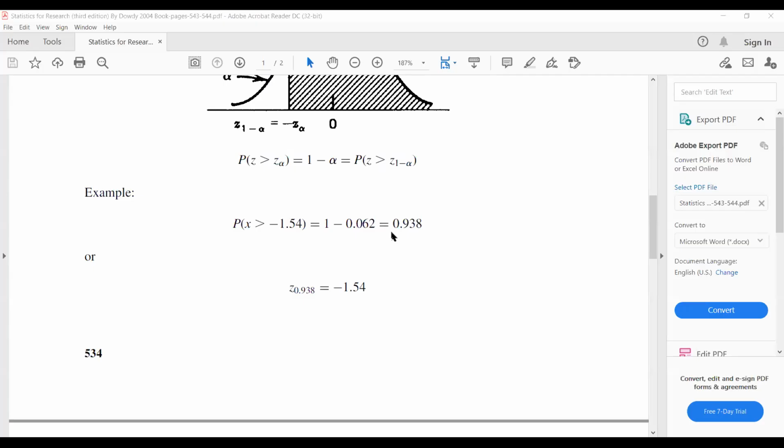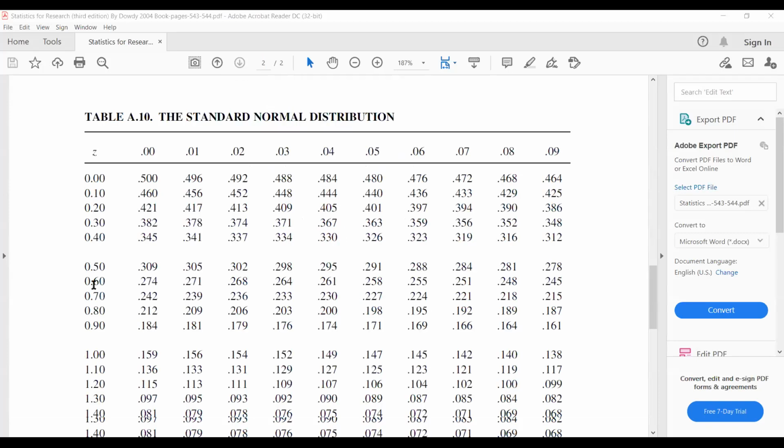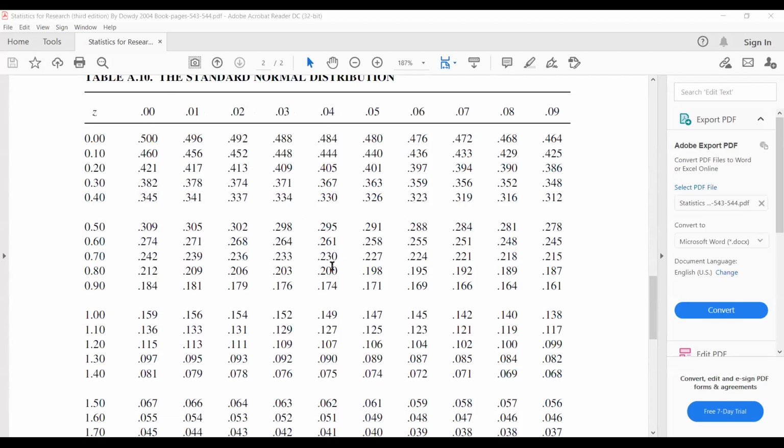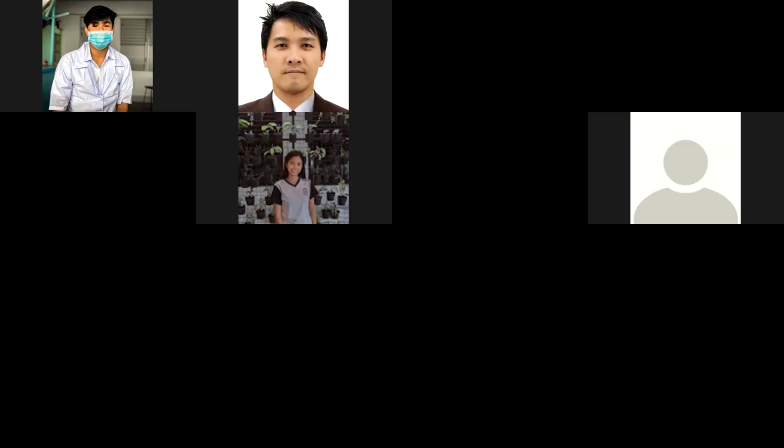Okay, sa table, yung negative 1.25 is 1.2 at 0.05, resulting to 0.106. So 0.106 yung ating value. So balik tayo sa problem.